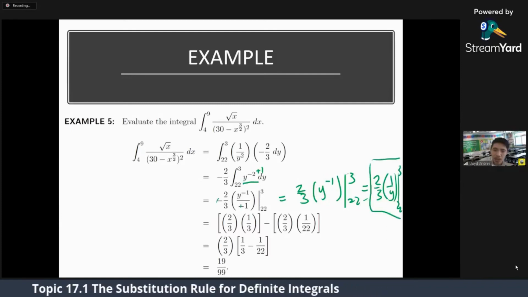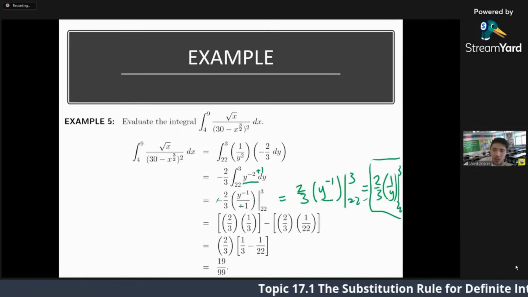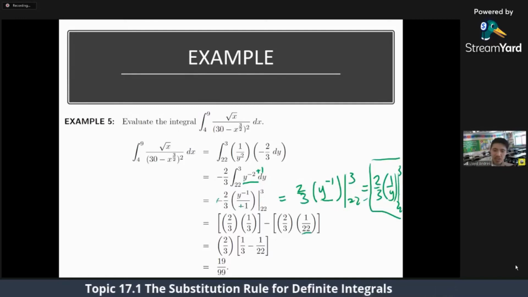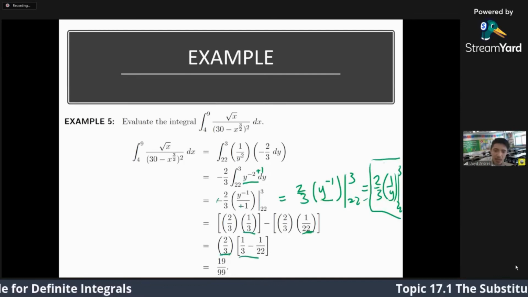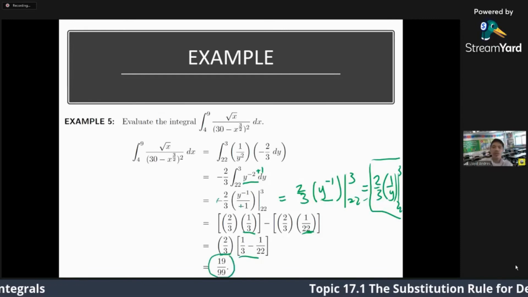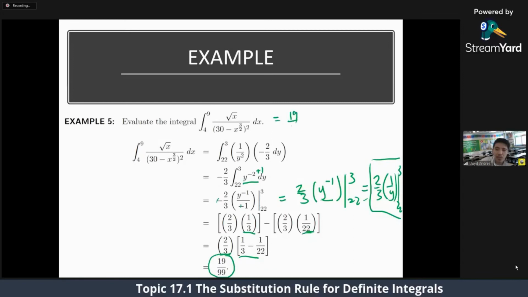Kasi matingala mo anong na 1/3. Y raised to negative 1, gibaba niya. So, 3, mao tong 1/3. Ang 22, 19. Then, simplifying, i-factor out lang niya si 2/3. Final answer is 19 over 99. So, ang answer ani is 19 over 99.